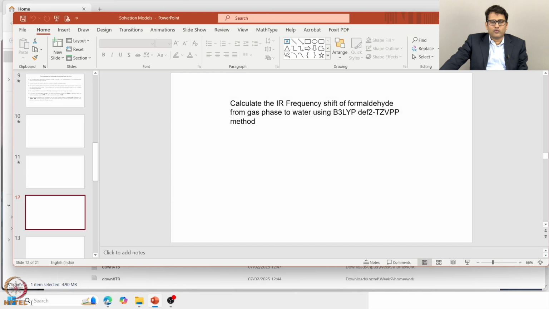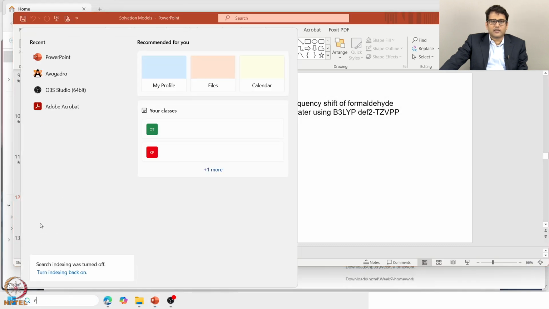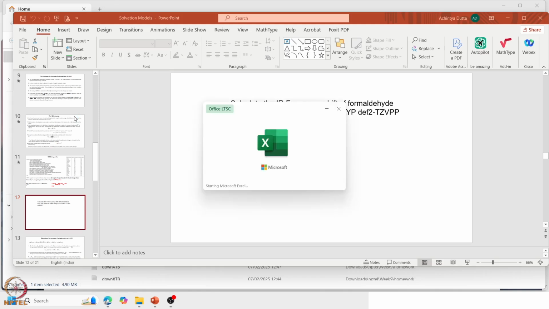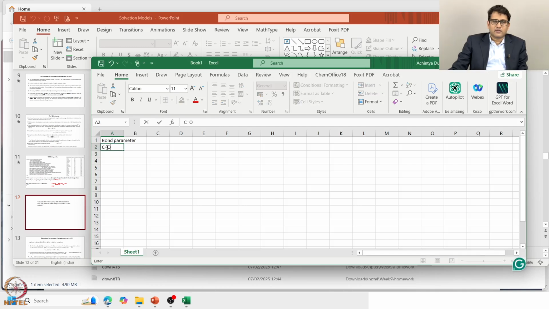So, let us go to Excel, because first of all what I need is the bond length and bond angle. First let us get the bond parameters: CO, CH and HCH angle.